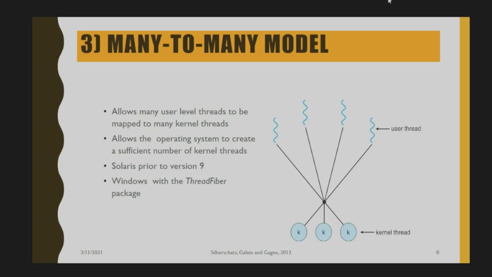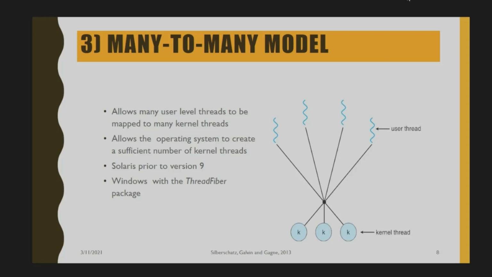It may have multiple user threads mapped to a smaller or equal number of kernel threads. It means the number of kernel threads must be equal or smaller. Let's say we have 4 user threads, so the kernel threads may be 4 or fewer than 4.